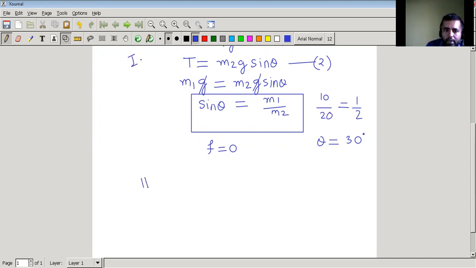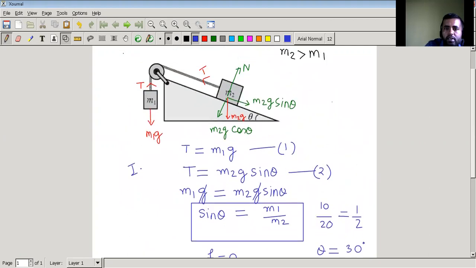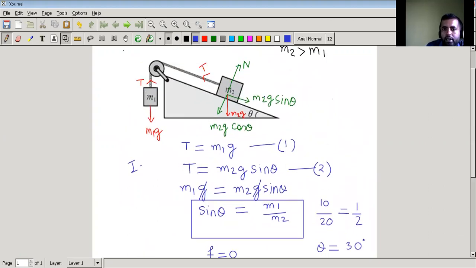Case two we are taking, let us say M2G sine theta is greater than T. Then what will happen? If M2G sine theta is greater than T, then the block will have a tendency to slide in this direction.